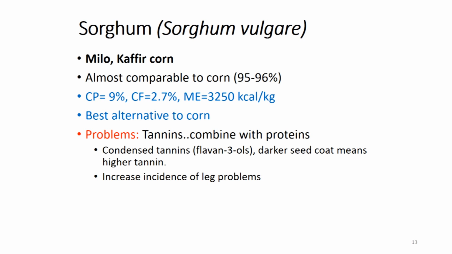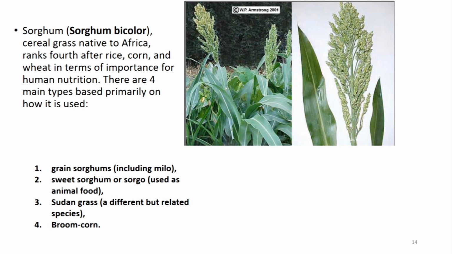This cereal grain is native to Africa, and here you can see different varieties. There is grain sorghum, which includes milo, and sweet sorghum that is used as animal food. Then Sudan grass is also a type of sorghum, but it is different, though related.